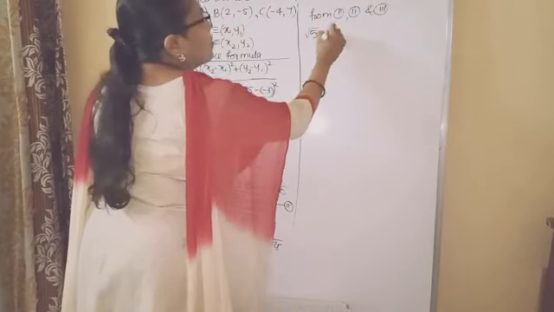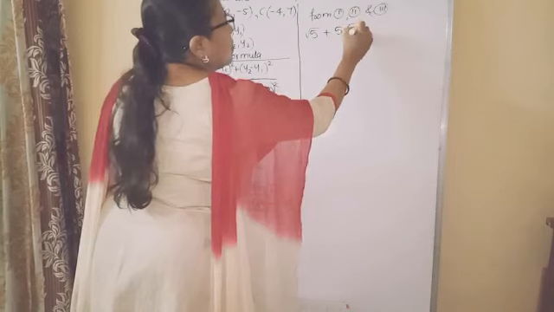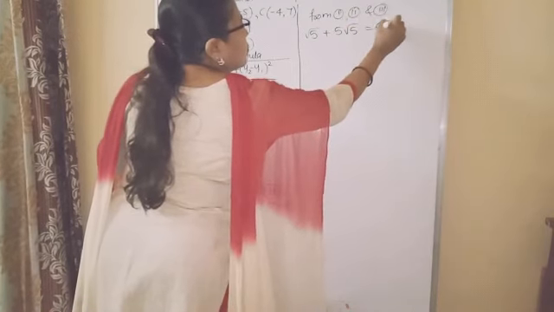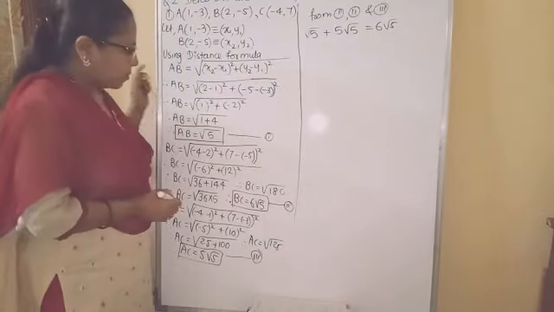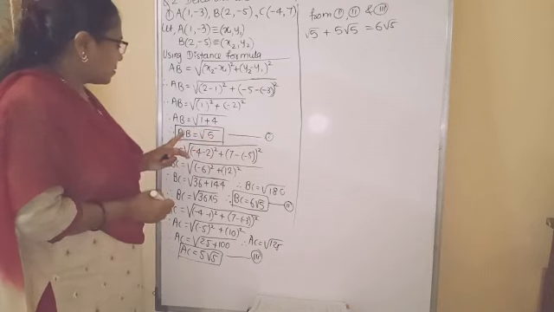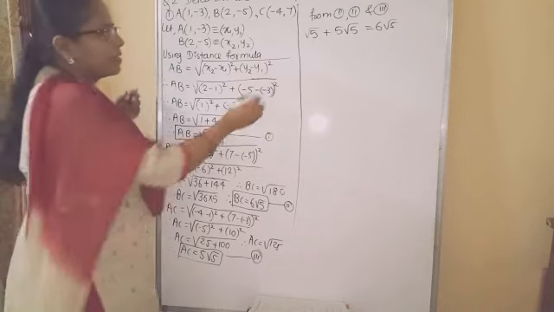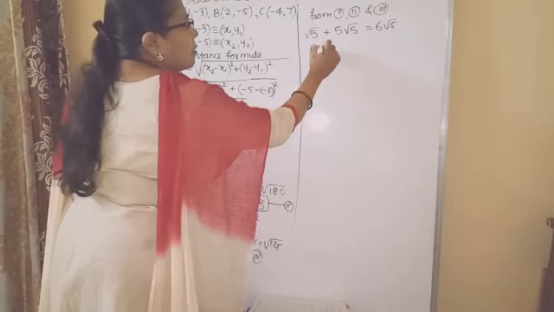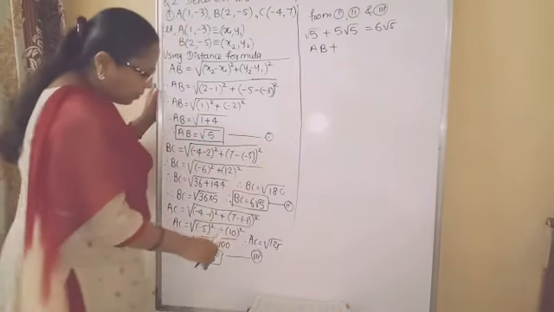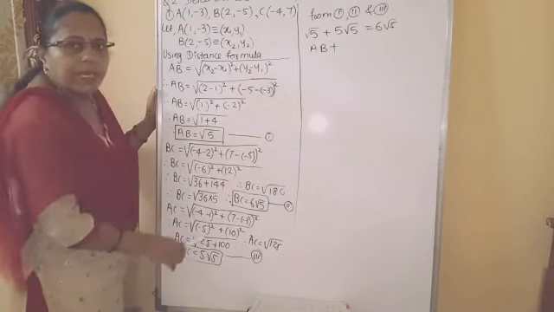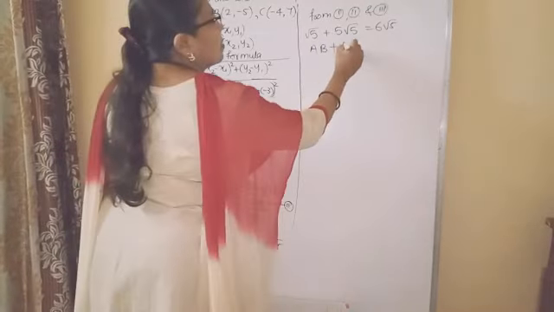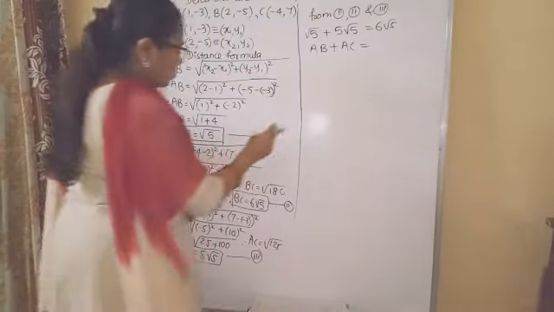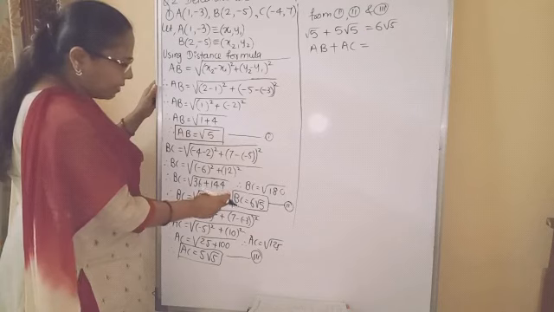Root 5 is the distance between A and B, so AB, plus 5 root 5 is the distance between AC, and 6 root 5 is the distance between BC.